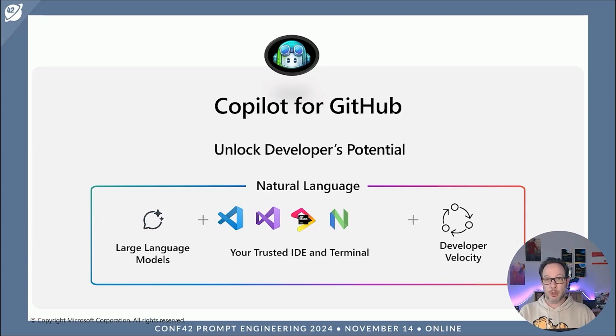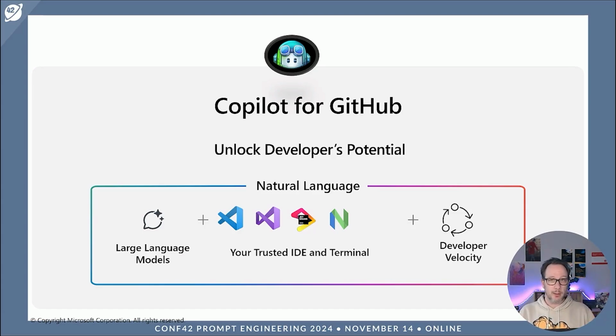You still have the large language models on one end. In the middle, that's the integration with your trusted developer environment: Visual Studio Code extensions, Visual Studio, JetBrains, and a few other environments. And then ultimately, your developer velocity, reducing technical debt, integrating better code, reusing GitHub Copilot to, for example, create documentation, something that typically developers don't always like to do.